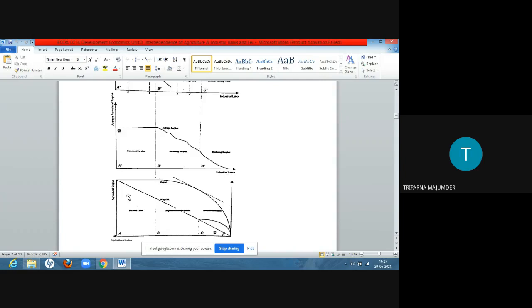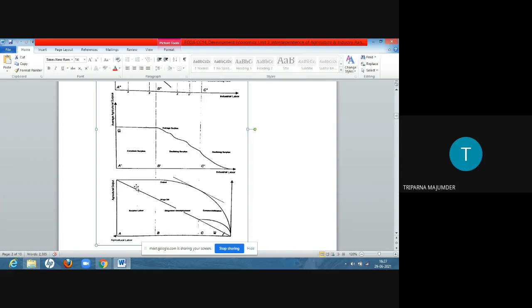The wage in the agricultural sector does not rise and output does not fall because we are in the surplus labor region. Now, what happens after this point? Here a surplus opens up. That means our total product is given by this horizontal straight line and the wage bill is given by this. So this difference is the amount of surplus generated in the agricultural sector.